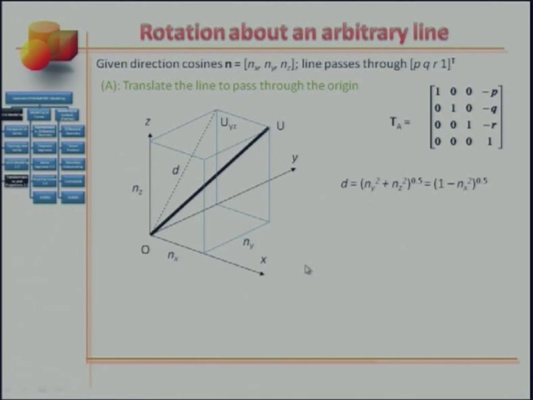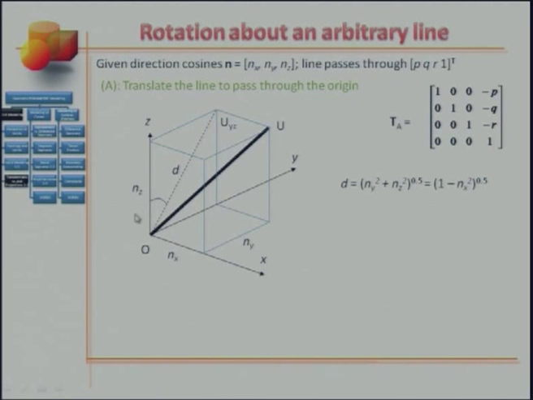In terms of the direction cosines nx, ny, and nz, it is not very difficult to find what d is. d is ny squared plus nz squared raised to half. And since the direction cosines are such that nx squared plus ny squared plus nz squared equals 1, d is 1 minus nx squared raised to half.